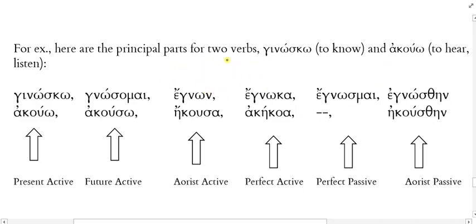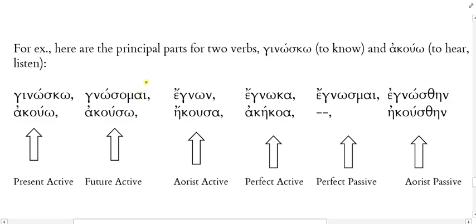Well, they are helpful to know how to form the different tenses because each tense uses a tense stem. How are you going to find the basic stem for something like the future tense? Well, what you do, if you want to know what it is, you go to the principal parts chart and you find your future active indicative column, which is column number 2.